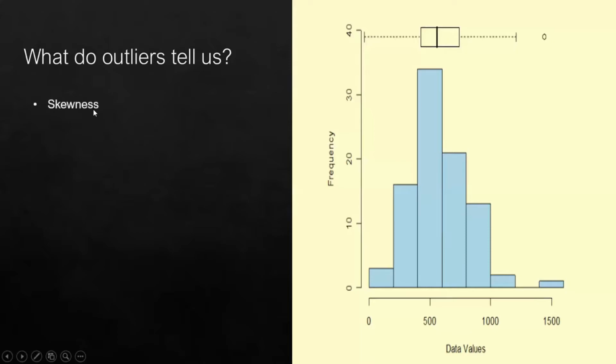Outliers tell us about the skewness or the tailed distribution of the dataset. As you can see, we have the distribution on the left side a little small as compared to the distribution on the right side. So it means that the dataset is skewed towards the right side.